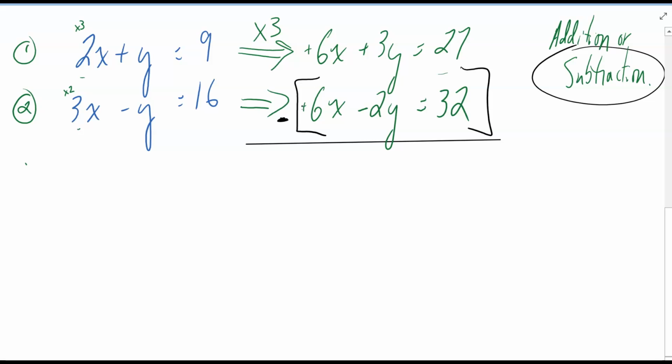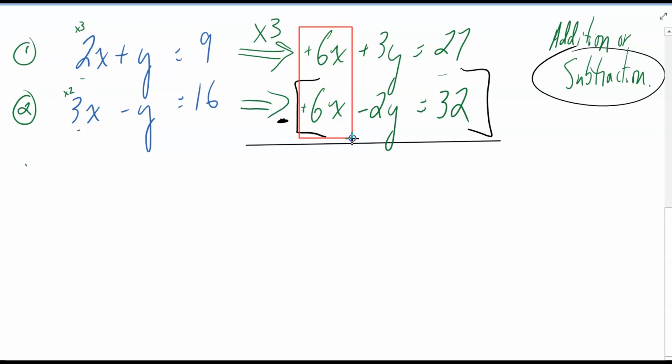When we use subtraction to eliminate the x terms, we have to use subtraction all the way through. So I'm going to use subtraction vertically here. 6x subtract 6x is 0x. That's what I was going for. Check.